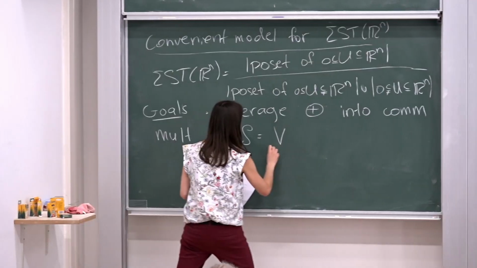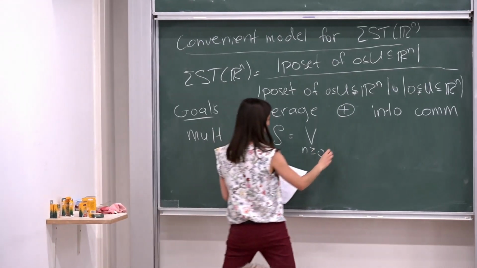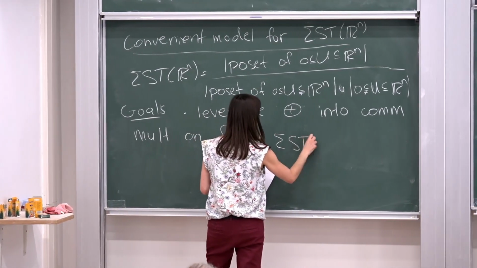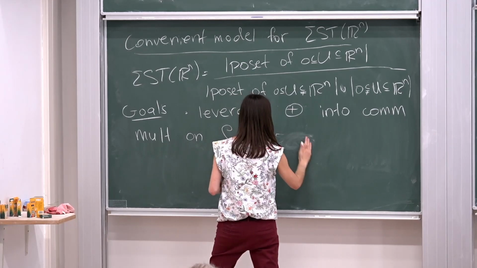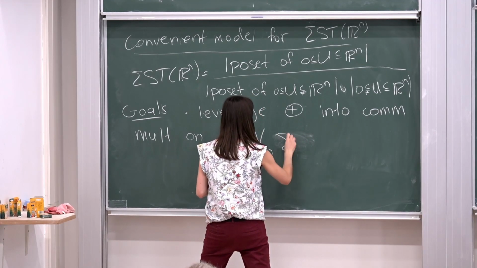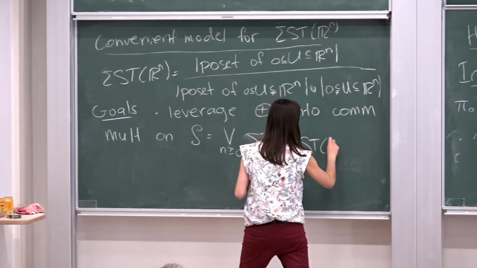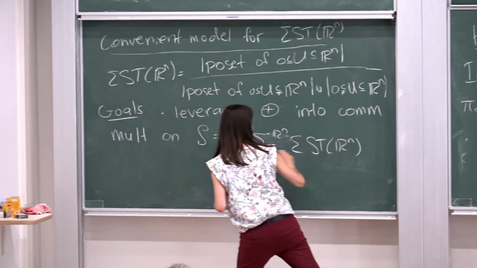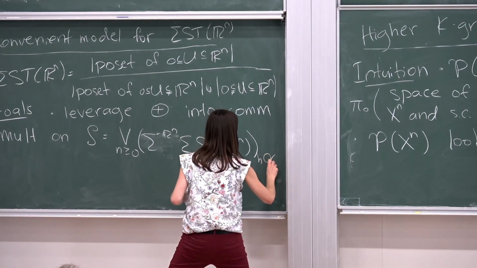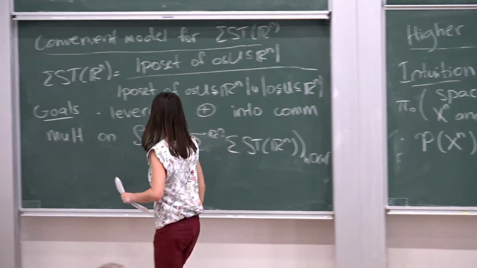So that is this wedge of sigma minus R^n, sigma S T R^n, homotopy O_n with discrete topology orbits.